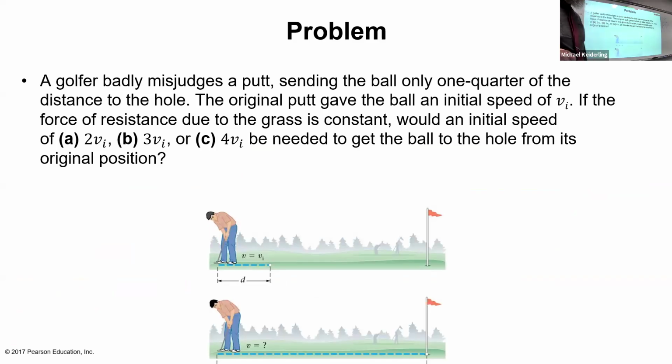Yeah, so we have enough time. So here we have a golfer. Golfer badly misjudges a putt, sending a ball only 1/4 of the distance to the hole. The original putt gave the ball an initial speed of v initial. If the force of resistance due to the grass is constant, would an initial speed of 2v initial, 3v initial, or 4v initial be needed to get the ball to the hole from its initial position?